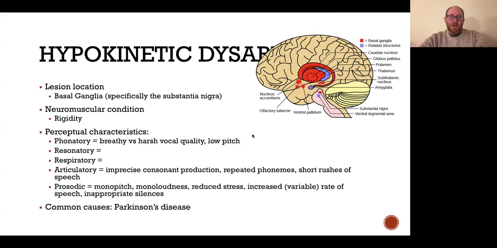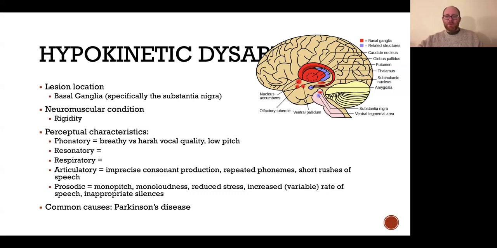That means they might be speaking, and then part of their sentence starts to really speed up to the point where you may not be able to understand it. I can't give you a good example of that myself, unless I speak really slowly and then start to speed up at the end. That's what a short rush of speech is.